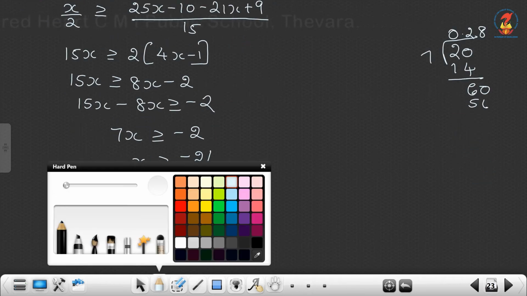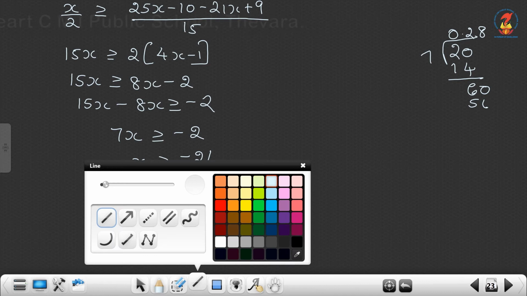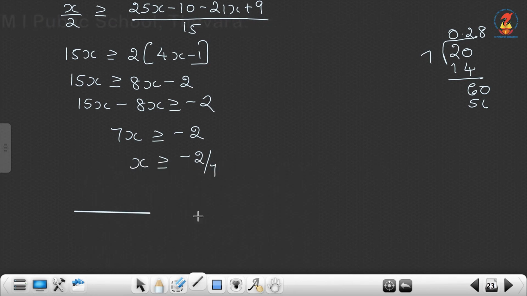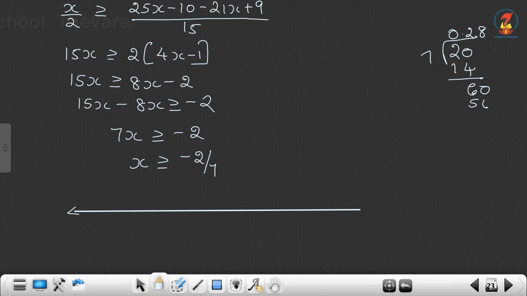Now we have to represent it on the number line. So draw the number line. Both side arrow. −2, −1, 0, 1, 2, 3, 4. Okay.